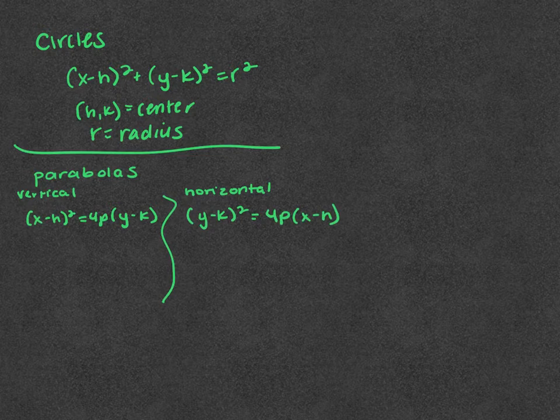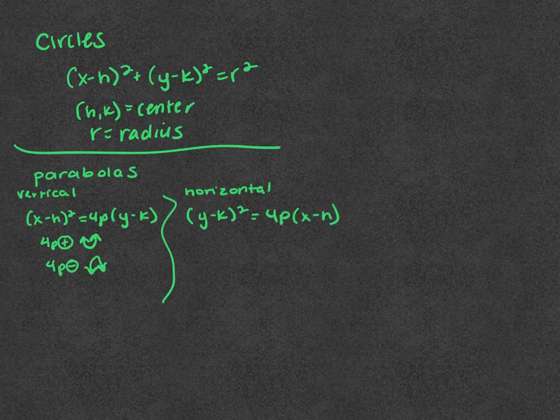So the difference is what's squared. If the 4p is positive, the vertical one points up. If the 4p is negative, it points down. And for the horizontal, if it's a positive 4p, it points to the right. If it's a negative 4p, it points to the left.